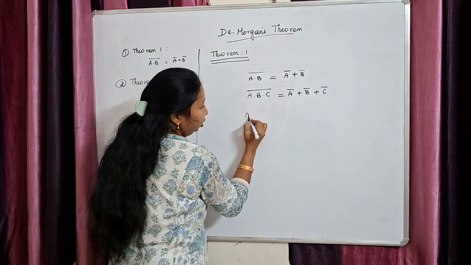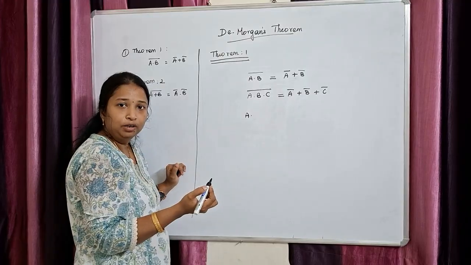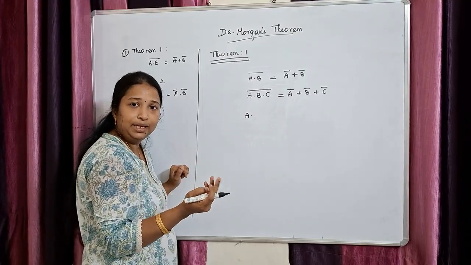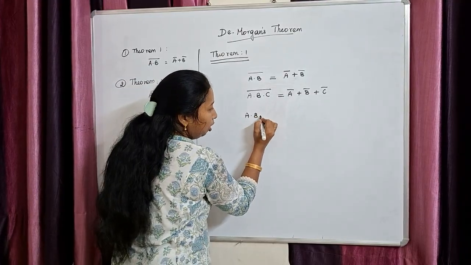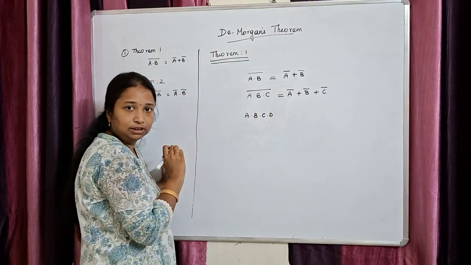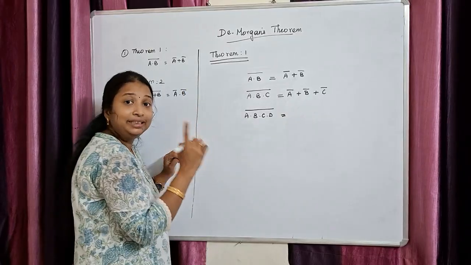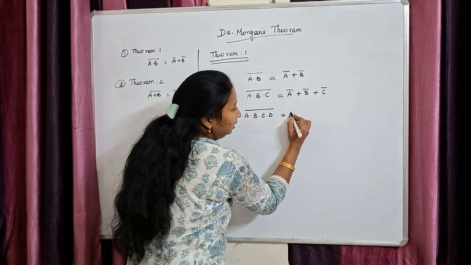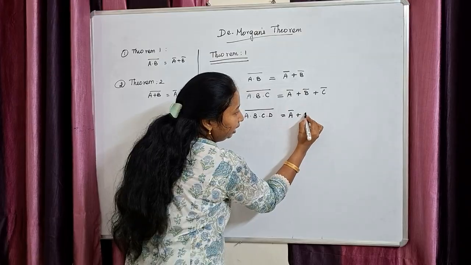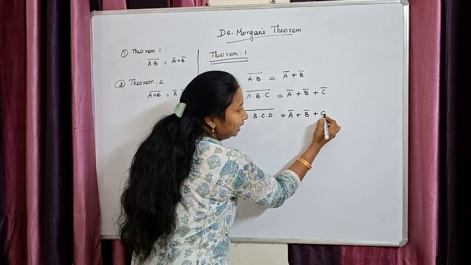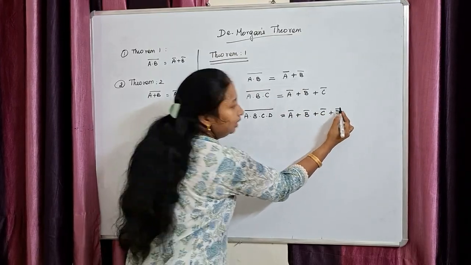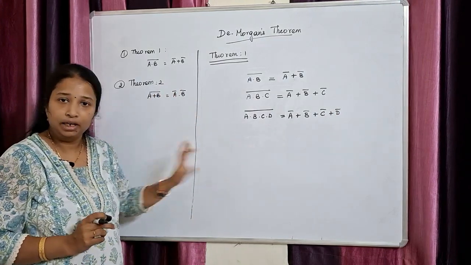We'll take 4 inputs also. Say we have inputs A, B, C and D. The product of all the 4 inputs and the complement of it is equal to the sum of the complement of each and every single term in your input. This is theorem number 1.